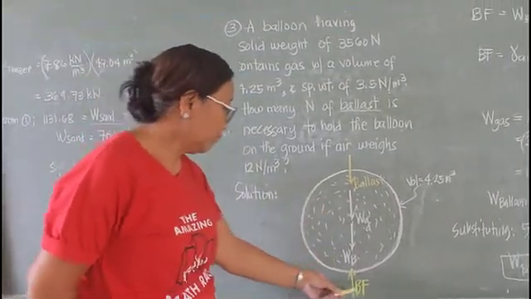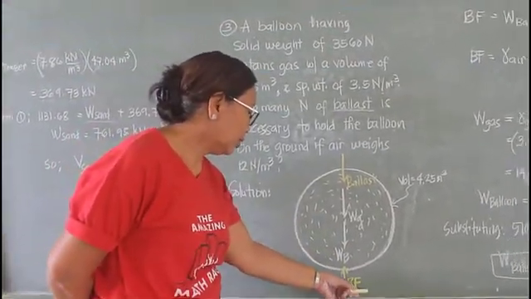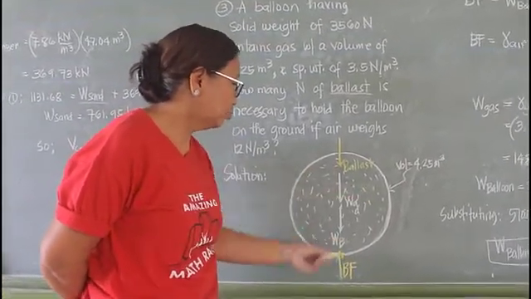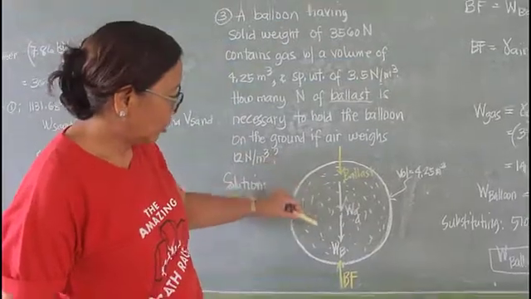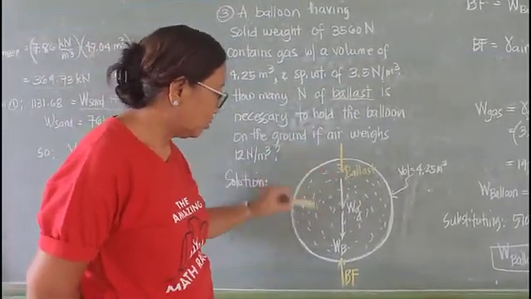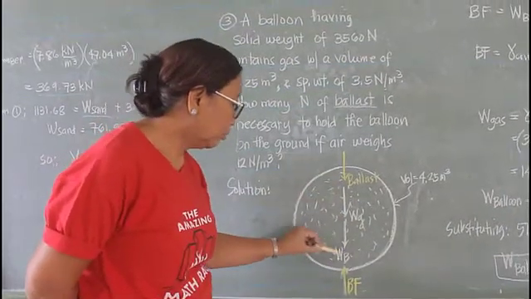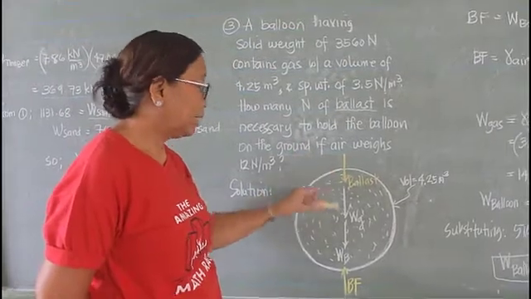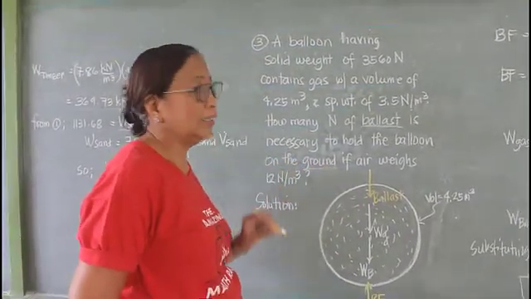So the buoyant force, okay, is equal to the volume of the air displaced by the balloon. So that is equal to ano yung mga forces again? Yung weight ng gas na nandun sa loob ng balloon, yung weight ng balloon mismo, tsaka yung idadagdag na pabigat para yung balloon ay hindi lilipad-lipad.